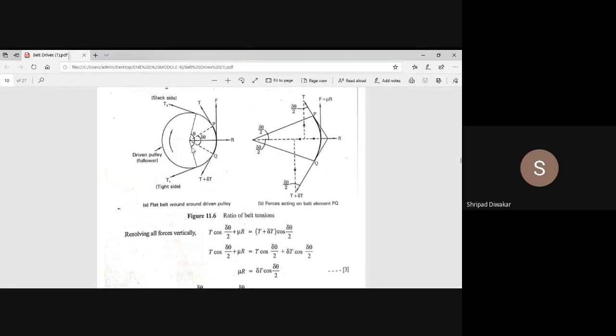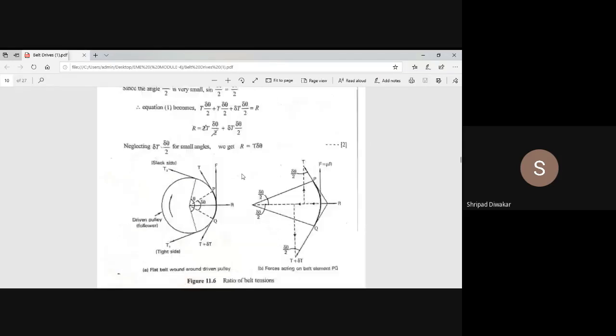So these are the forces acting, and you have angle theta and angle delta theta. I'll tell the exact meaning here. Consider a flat belt drive. Let T1 be the force or tension on the tight side of the belt, and T2 the tension on the loose side of the belt, and theta the arc of contact between belt and pulley.